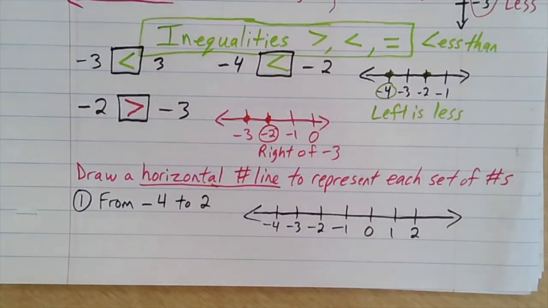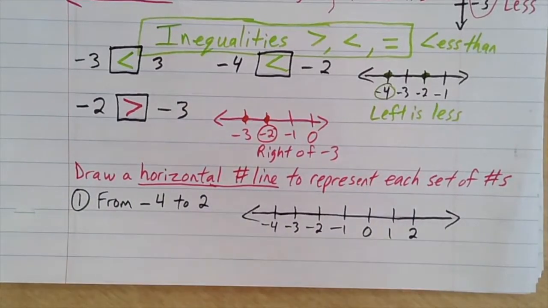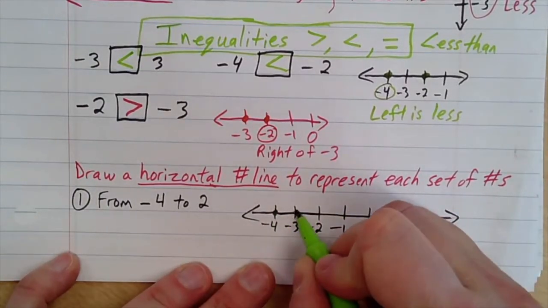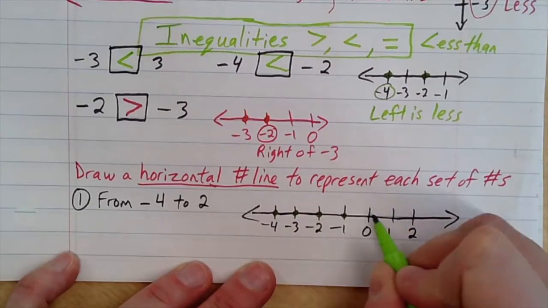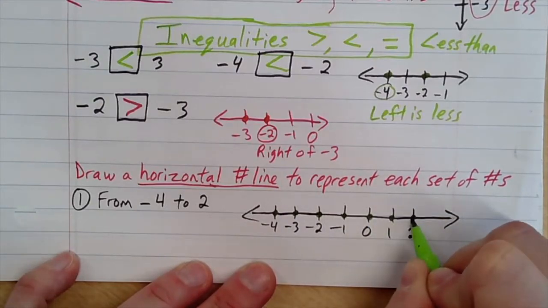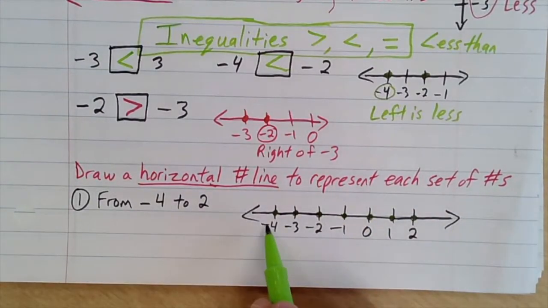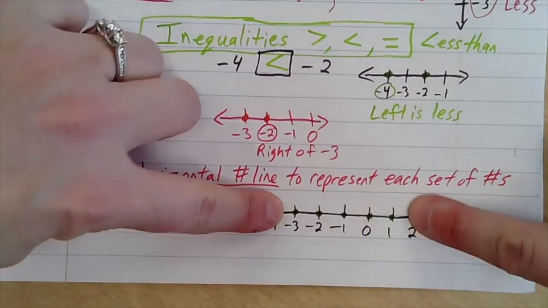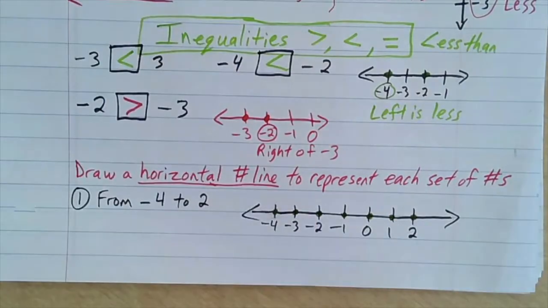So from -4 to 2, meaning you have to put a dot on -4, -3, -2, -1, 0, 1, and 2. A dot on each one because it's from this one to 2. If it said in between them, then you wouldn't put the dots on these ones because you had to have the ones that are in between. This one is just from -4 to 2 and drawing a horizontal number line.